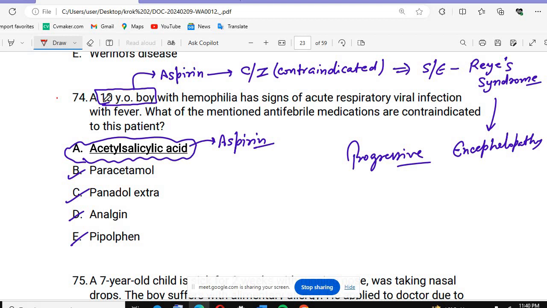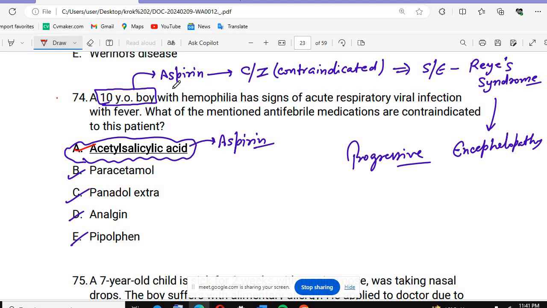If you know the answer, we have a 10-year-old boy, so just mark the answer, or make your answer before you read the options. Some questions are like this: when you read all the options you will confuse yourself. If you get some history of a 10-year-old boy, we can understand that in the 10-year-old boy the drug is contraindicated.